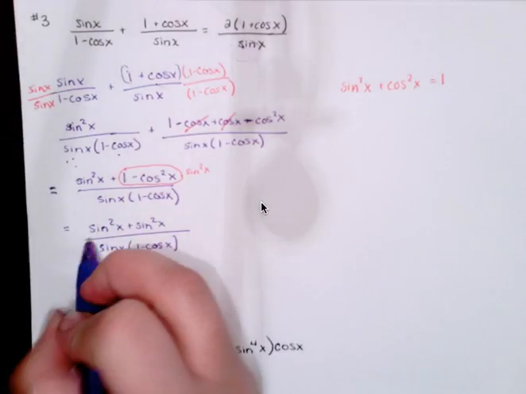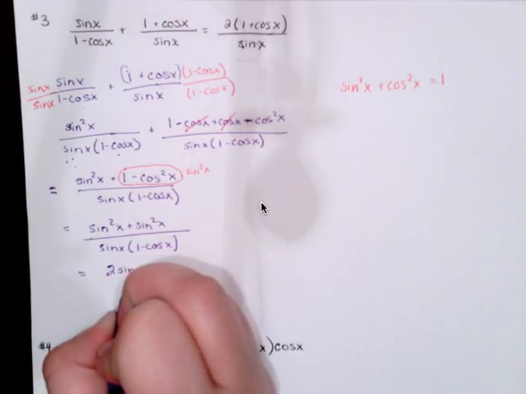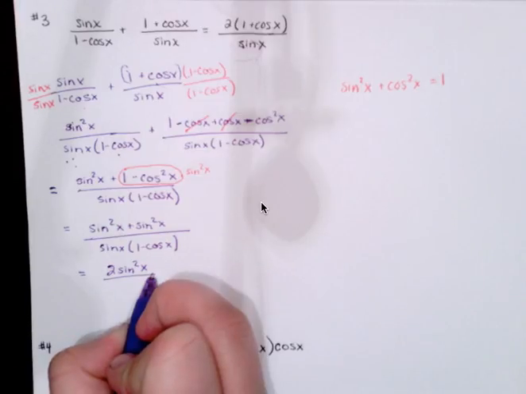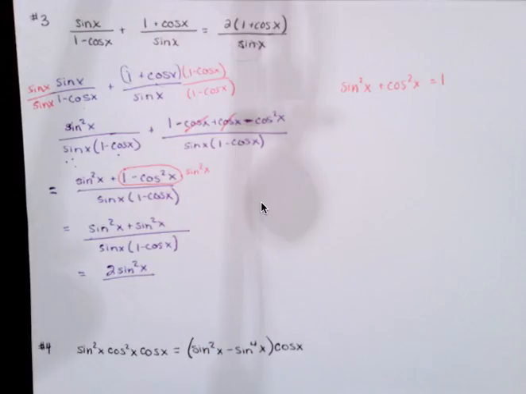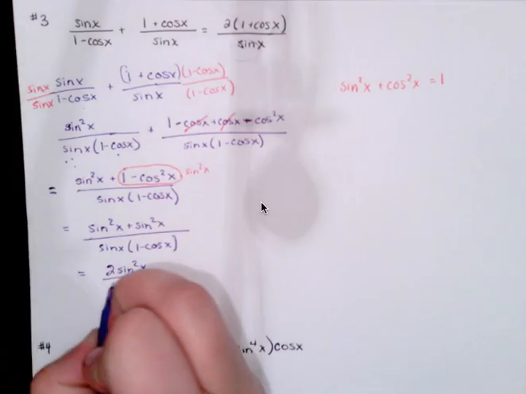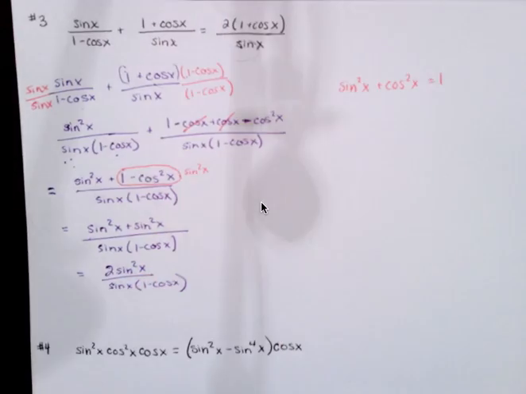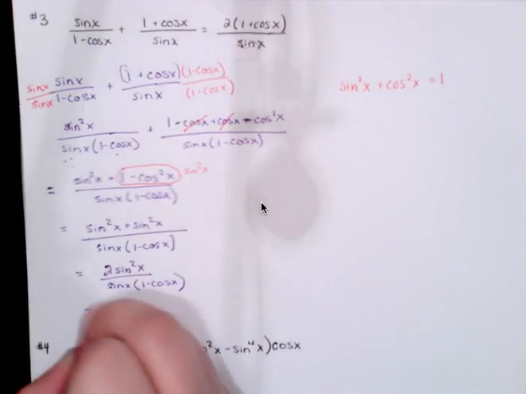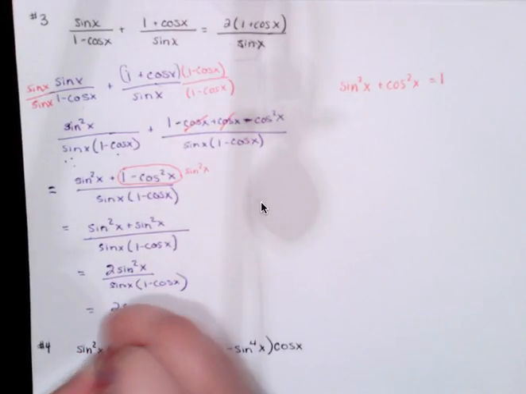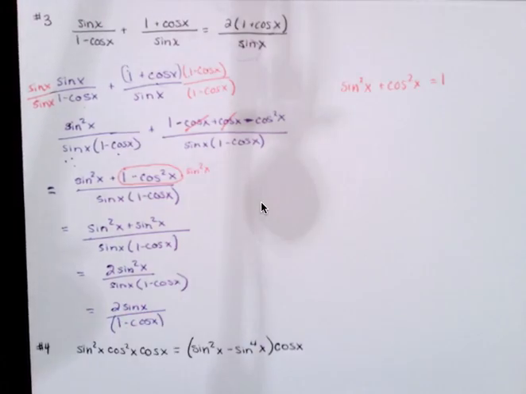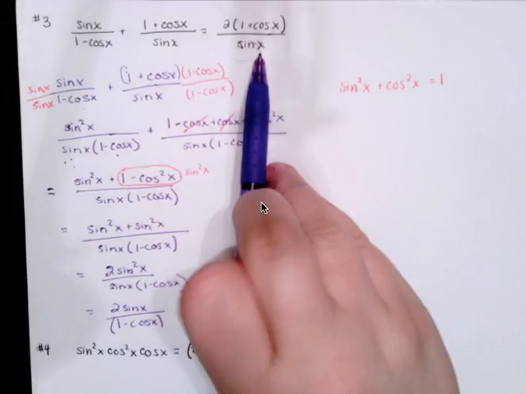Then you get sine squared plus sine squared is 2 sine squared over that. Okay. These will end up canceling out, and I'll get 2 sine of x over 1 minus cosine of x. Oh, problem. I did not get where I wanted.